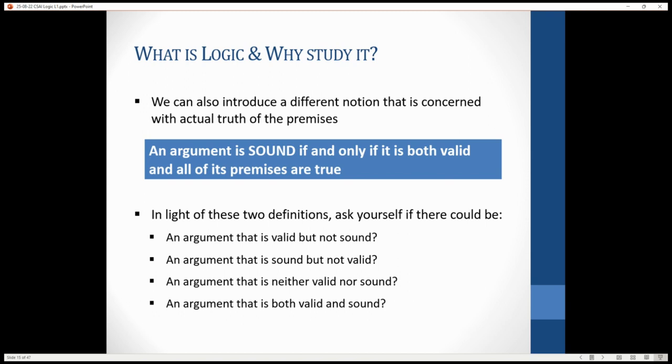Right? How about an argument that's sound but not valid? No, it's baked into the definition, right? How about an argument that's neither valid nor sound? Can anybody think of one? We sort of saw one that's pretty close.